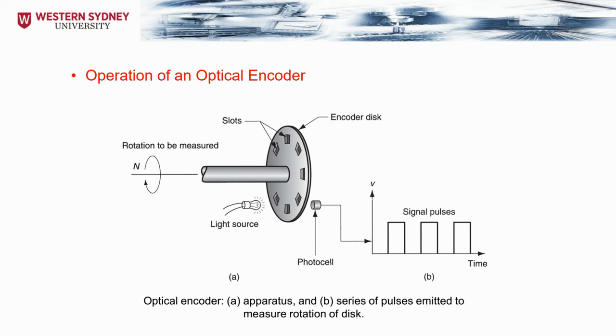So this is how the encoder will look like. We're going to have a light source sending a light beam to the photocell. When the photocell has a reading, it gives me a signal pulse, 1, 1, 1, or 0, 0, 0.